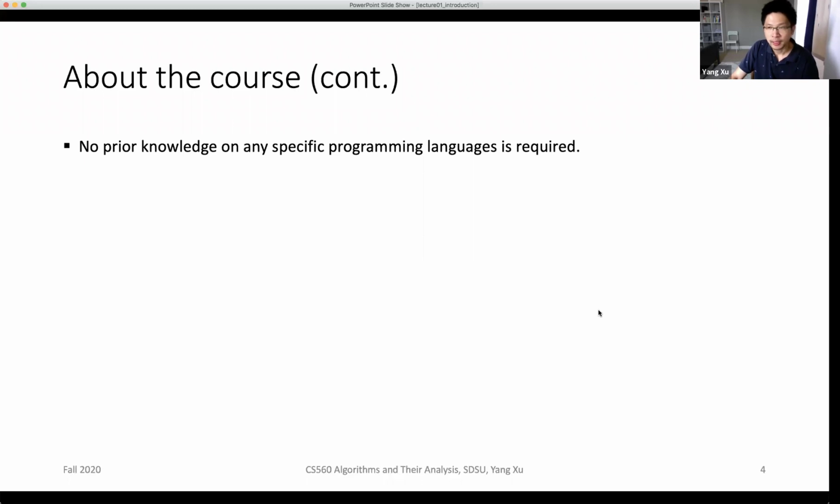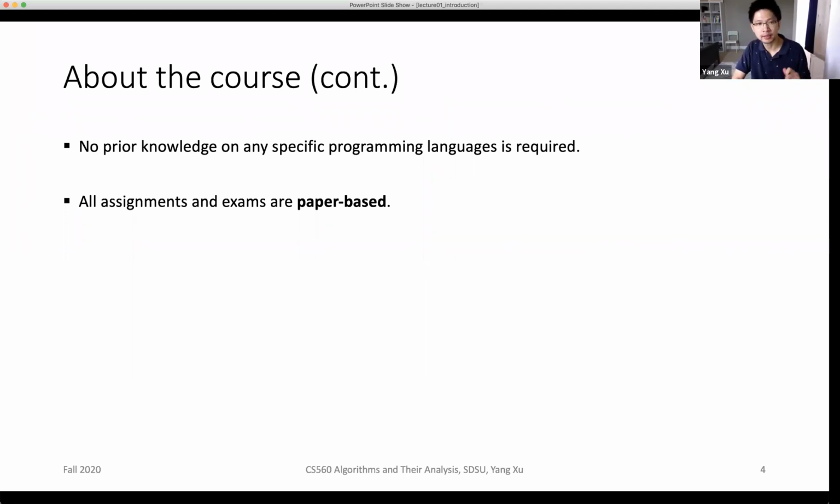All right, so I want to stress this again. There's no prior knowledge required on any specific programming languages, and all the assignments and exams are paper-based. In assignments, there could be questions that ask you to implement some algorithms or to do some modifications to some algorithms, but these algorithms are in the form of pseudocode, not in actual code that you need to edit on the computer.